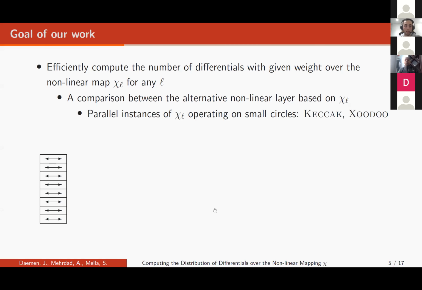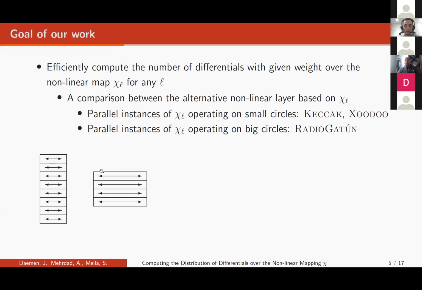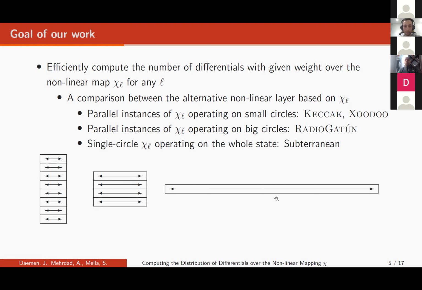For instance, we can use a parallel structure that uses a parallel GL working on small circles, or a parallel GL working on big circles, or a single circle GL. The first one is used in some ciphers like Keccak and Xoodoo, the second one is used in Rasta, and the third one is used in Subterranean.